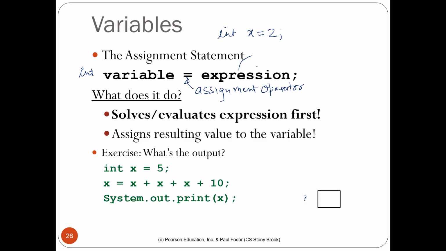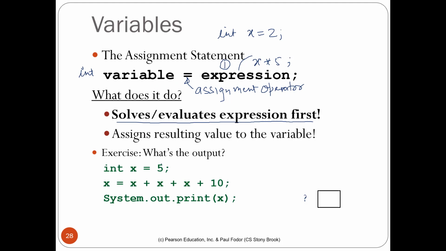So the expression could be x multiplied by 5, right? This expression is first evaluated, which means if x is equal to 2, let's multiply that by 5. So you first do the evaluation, and then assign the resulting value to the variable.